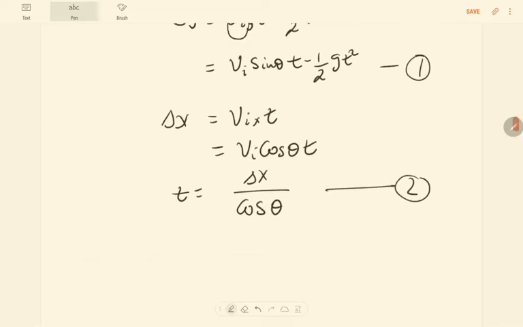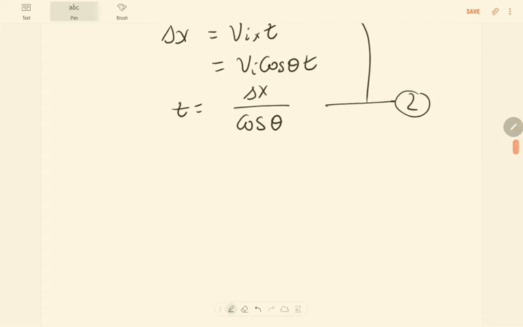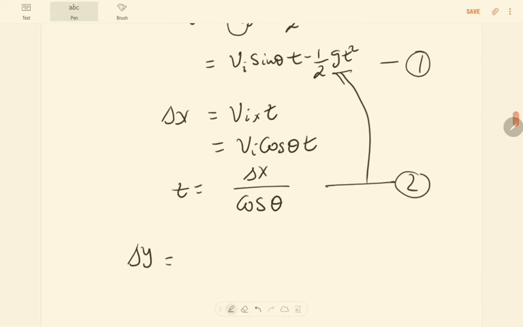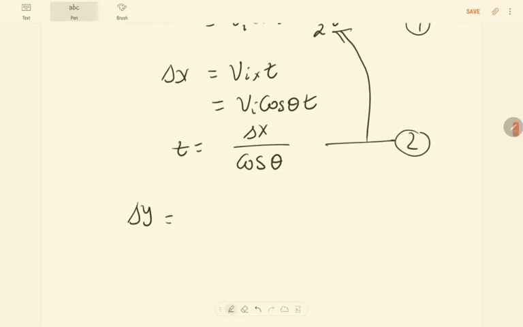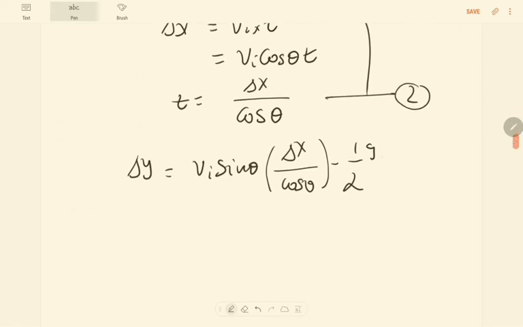Now it's easy to substitute equation 2 into equation 1. Substituting, you would get this expression. Of course you know that delta y equals v initial sine theta times delta x over v initial cosine theta, minus half g times t squared, where t squared is in fact delta x divided by v initial cos theta, the whole squared.